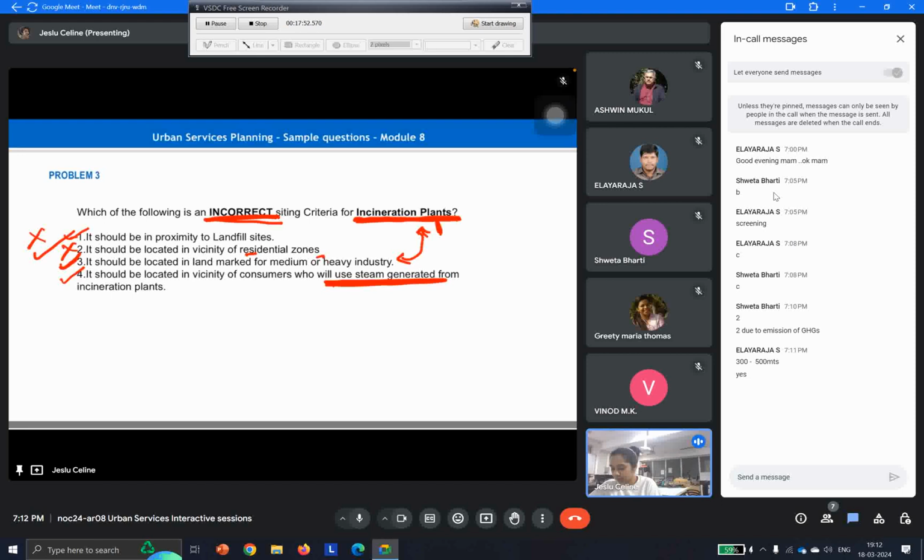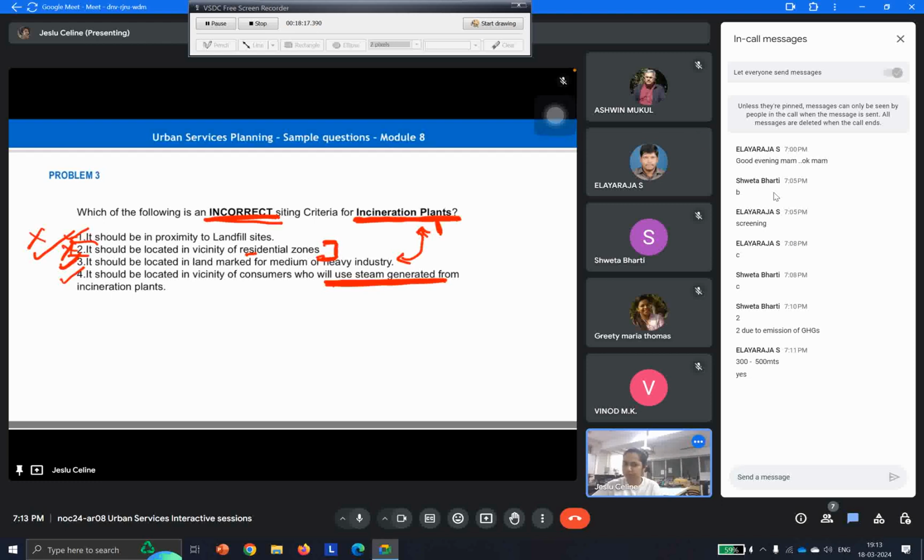So which means the answer to this question is 2. It should be located in the vicinity of a residential zone is an incorrect statement. Yes, Shweta was right. Yes, due to the emission of greenhouse gases, it's not permitted. And yes, LA Raja also says that I think 300 to 500 meters was for residential zones.